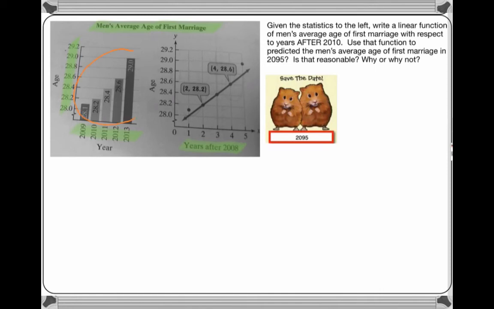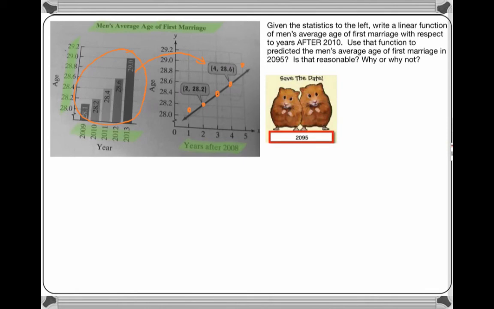And this bar graph is translated over to a linear graph. You can see that it seems to be something called a line of best fit, where two of the points got picked, and they just ran a line through them to make a prediction about how this trend is going when men do their first marriage.